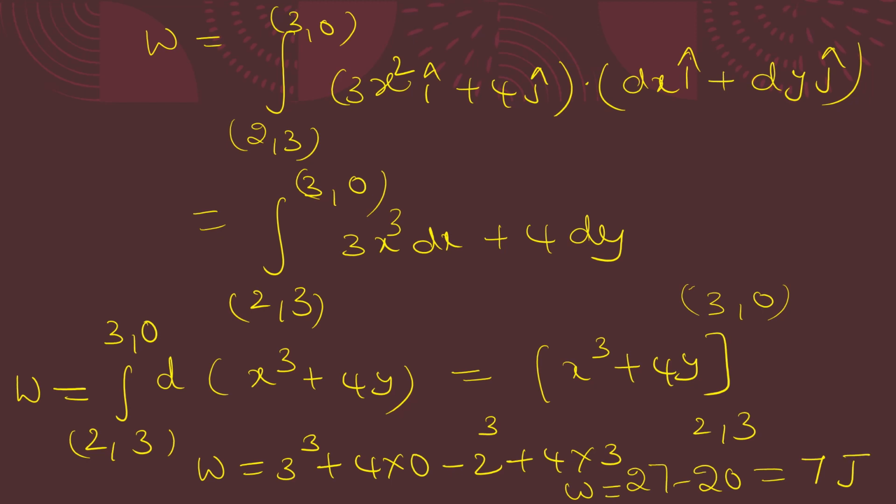So at last, work done W is equal to 7 joules. Okay. According to the work energy theorem, change in kinetic energy is equal to work done, that is 7 joules. Okay. Next we will go to the next question.